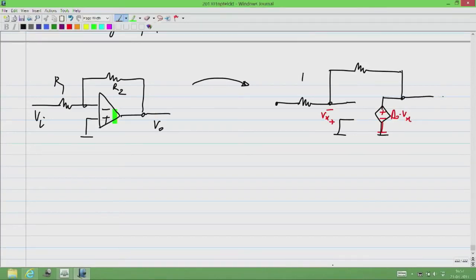Okay, so please analyze this circuit. It will be a general practice for circuit analysis, as well as then you take the limit of A naught tending to infinity, and you should get the same answer as what we got by assuming that the op amp input is a virtual short. Okay.